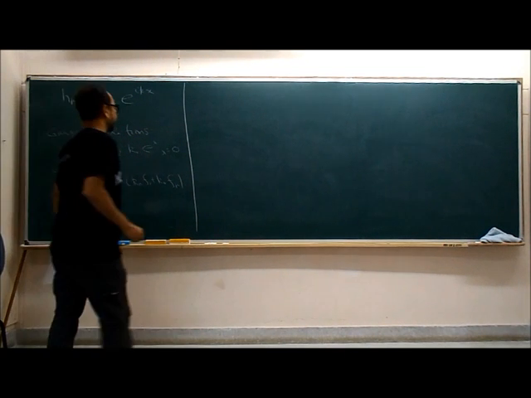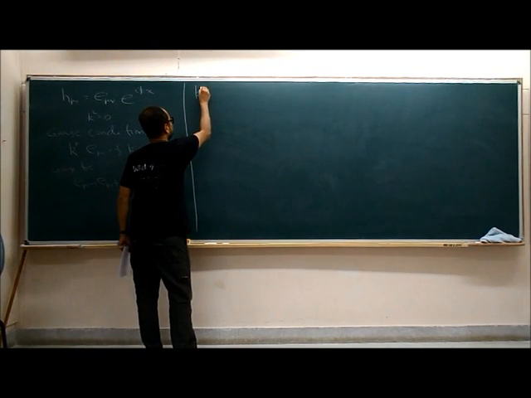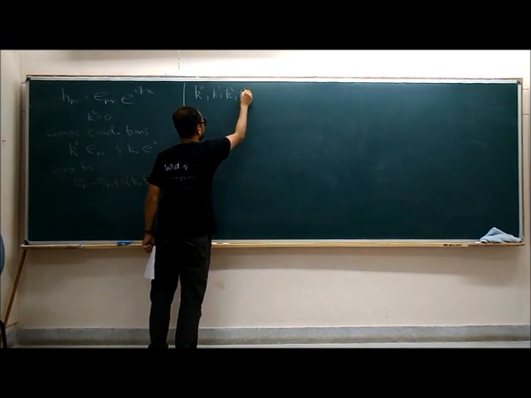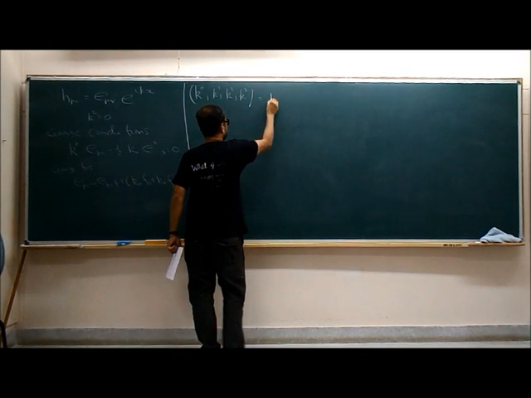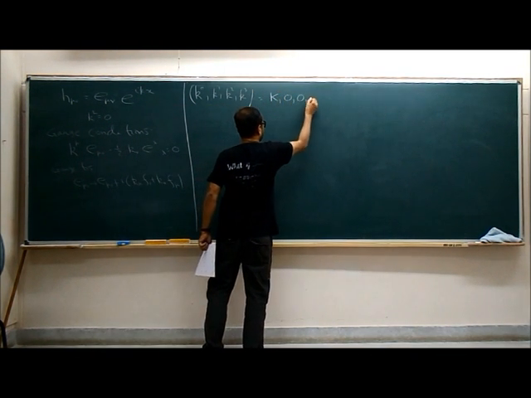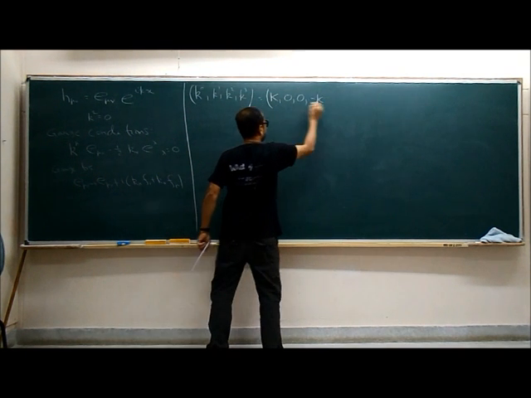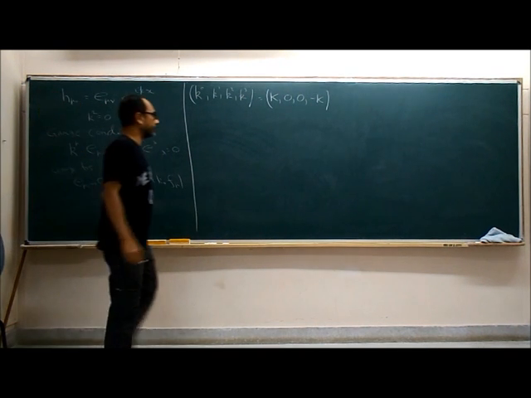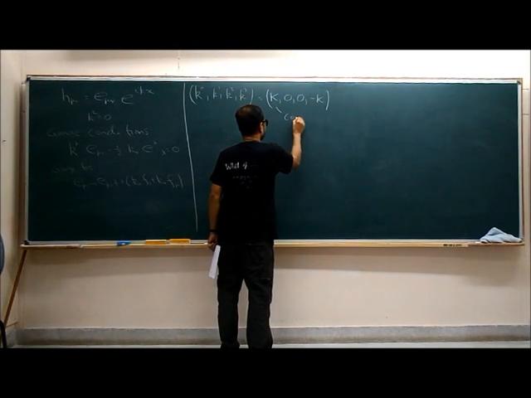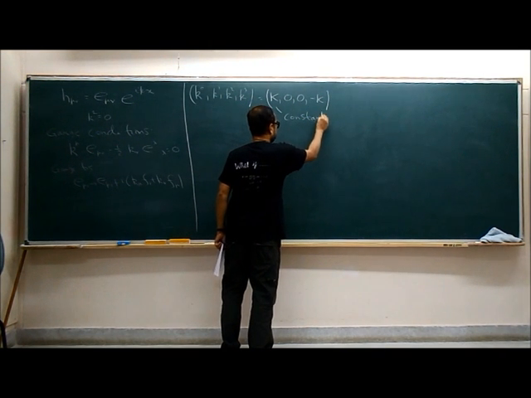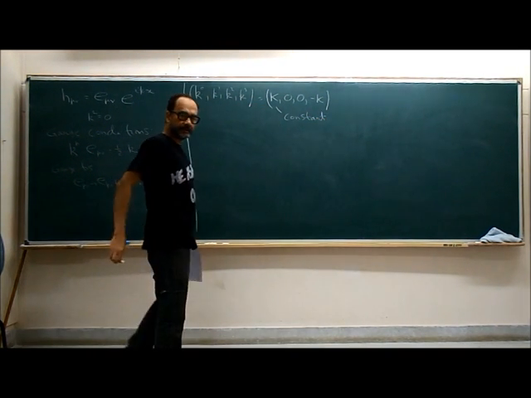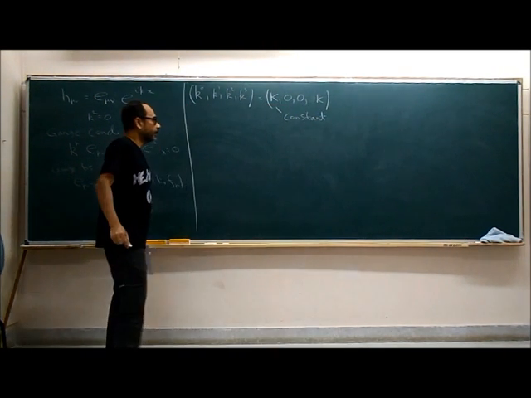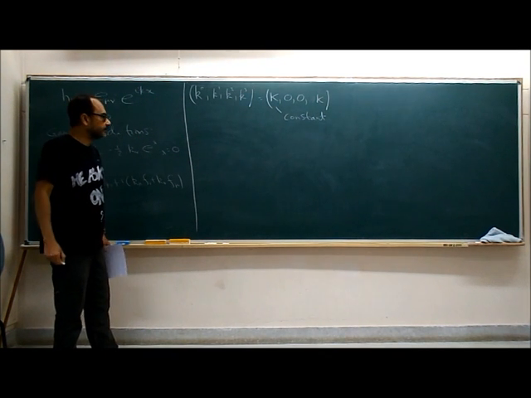For this we will choose a specific k, k0, k1, k2, k3, as k, 0, 0, minus k, where k is some constant, which basically means that we are taking this momentum vector to be along the third direction.